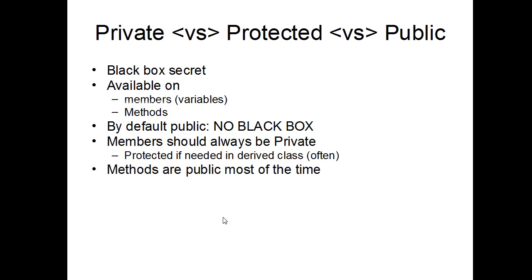Most of the time, on the other hand, methods are public. If you create a function that works on an object, you will see that most of the time it's something that you need from the outside world. It's not always true. You can have only one or two access points from the outside world and everything else being private or protected.